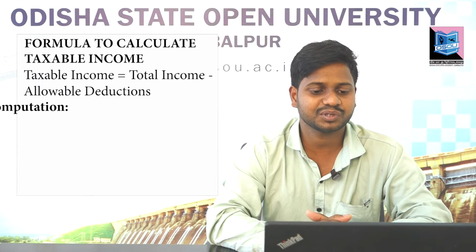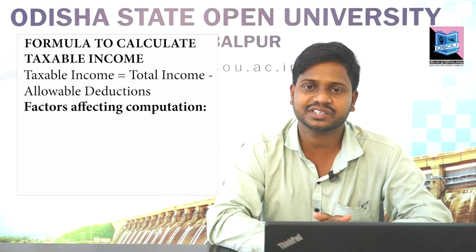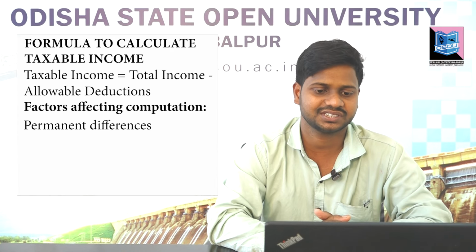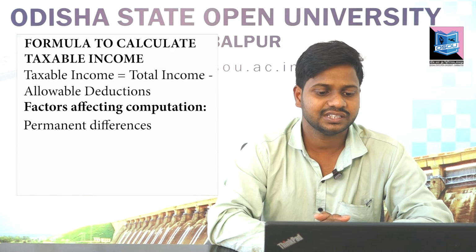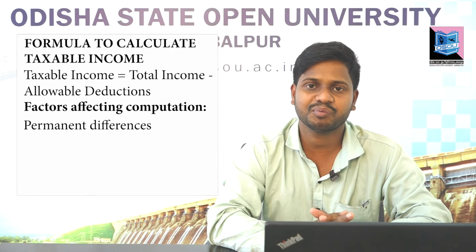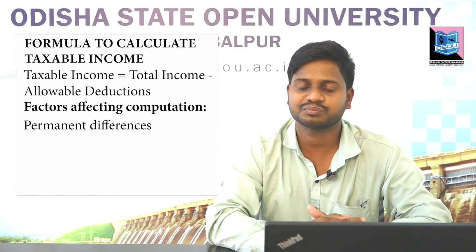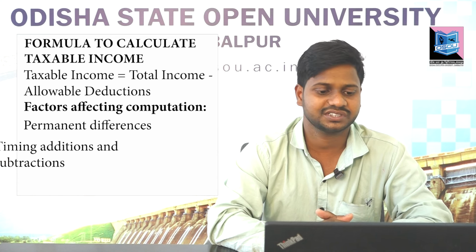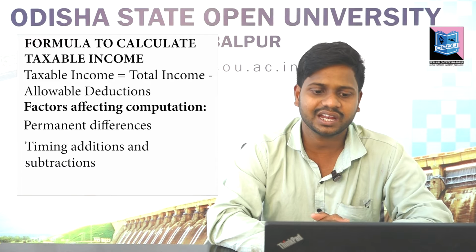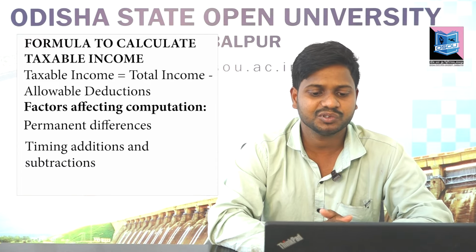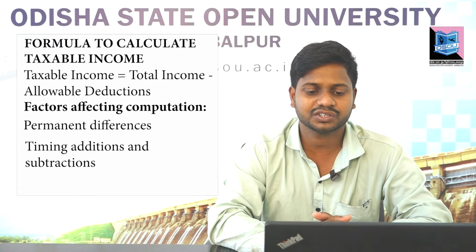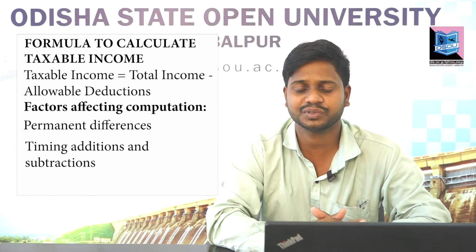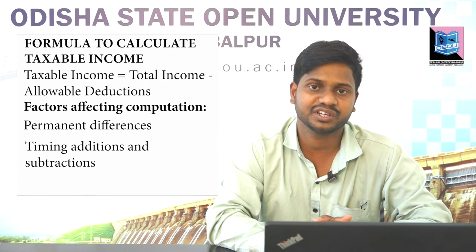There are three types of adjustments that can affect the computation of taxable income. The first one is permanent differences. These are expenses that are never allowed for tax purposes, such as penalties and fines. Then timing differences. Some items may be allowed in the accounting books in one year, but for tax purposes in another year, like certain provisions or deferred income.